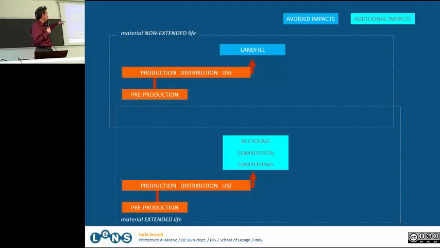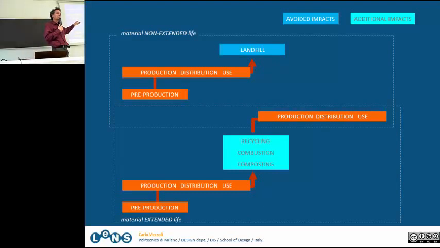Or what we can do, we can recycle, we can incinerate with energy recovery through combustion, or we can put it through composting processes. And all those, the recycled material, or the energy, or the compost, depending on what product we are using, can enter another production cycle. So you use a recycled material to produce another product.